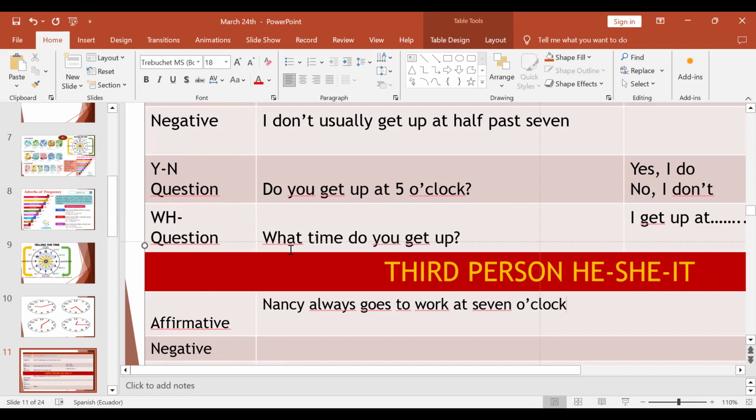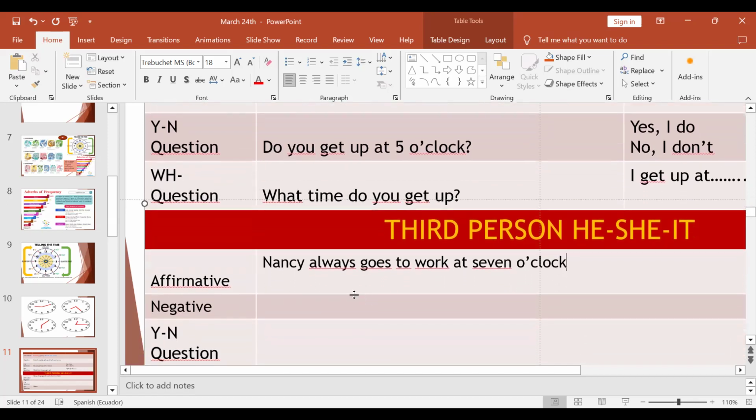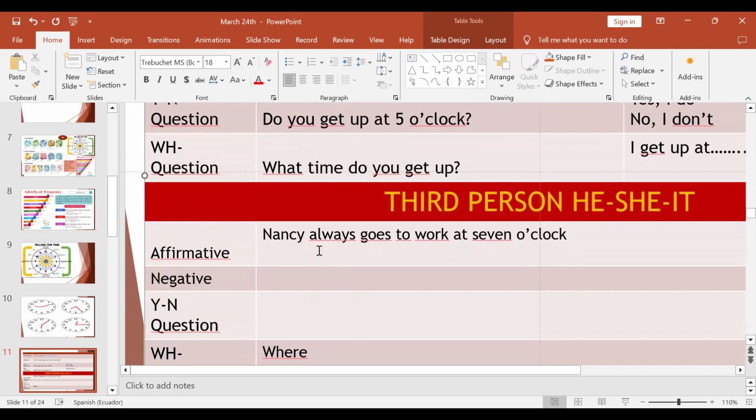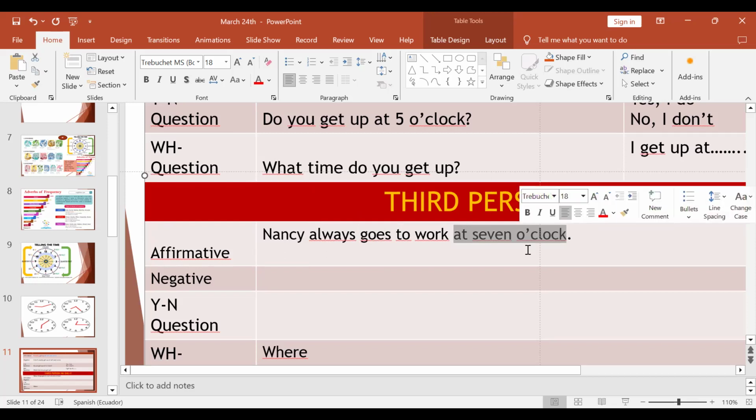Están observando. Always goes to work at 7 o'clock. Finish. You have your affirmative answer. And you use frequency adverbs. You use the verb in third person. You use the time. Ya ven, chicos, qué bien.